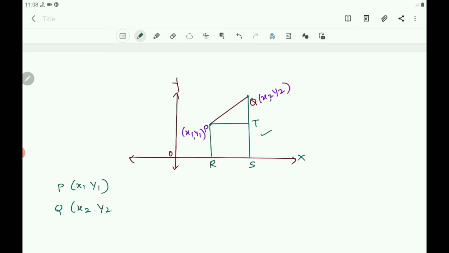It means PR is perpendicular to OX and also QS is perpendicular to OX.